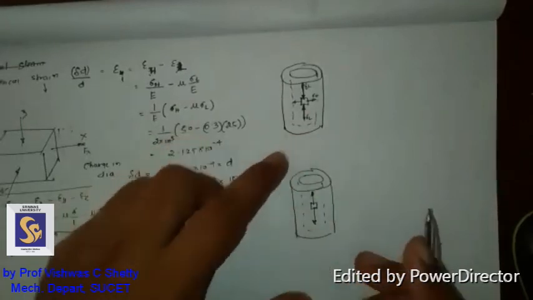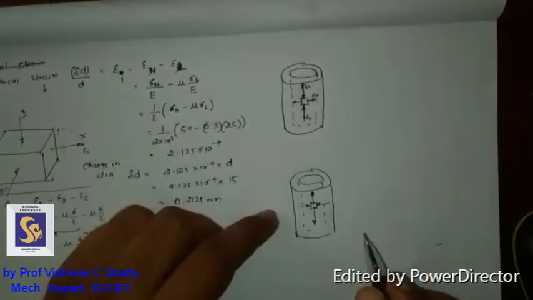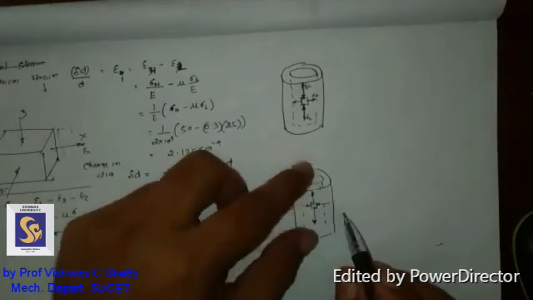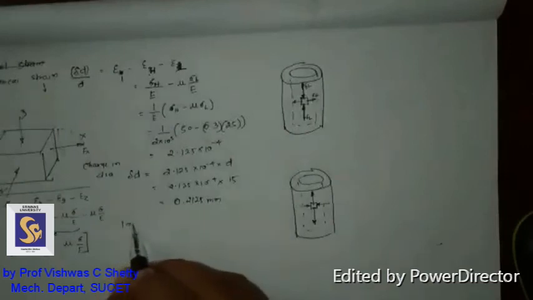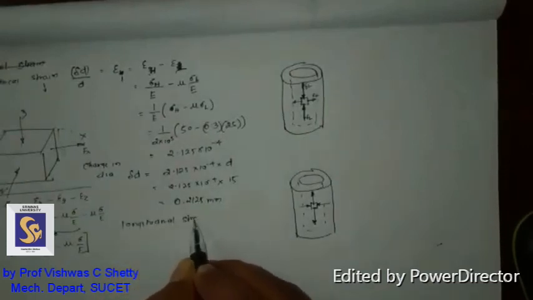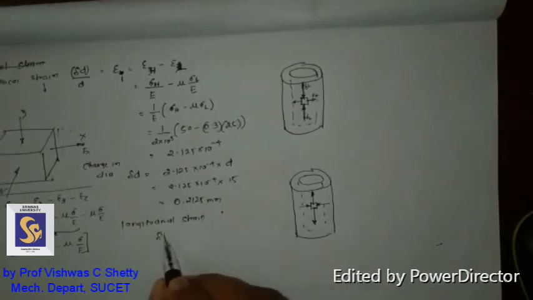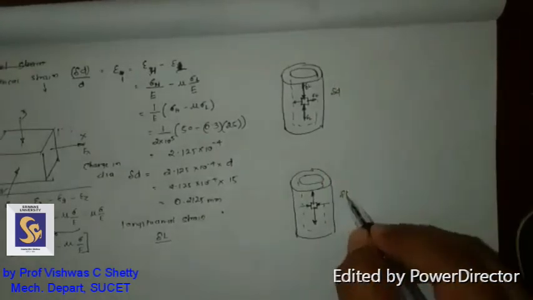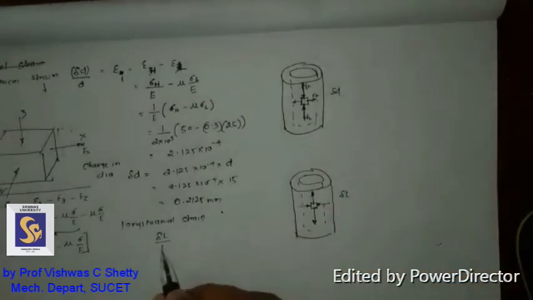Then the stress in the circumferential direction becomes compressive. This becomes greater. Then you can write longitudinal strain as delta L, change in length, upon original length.